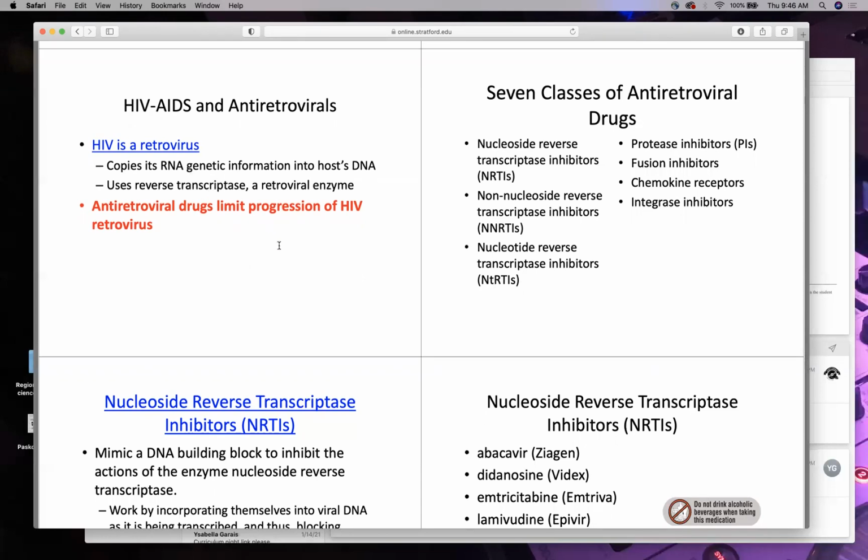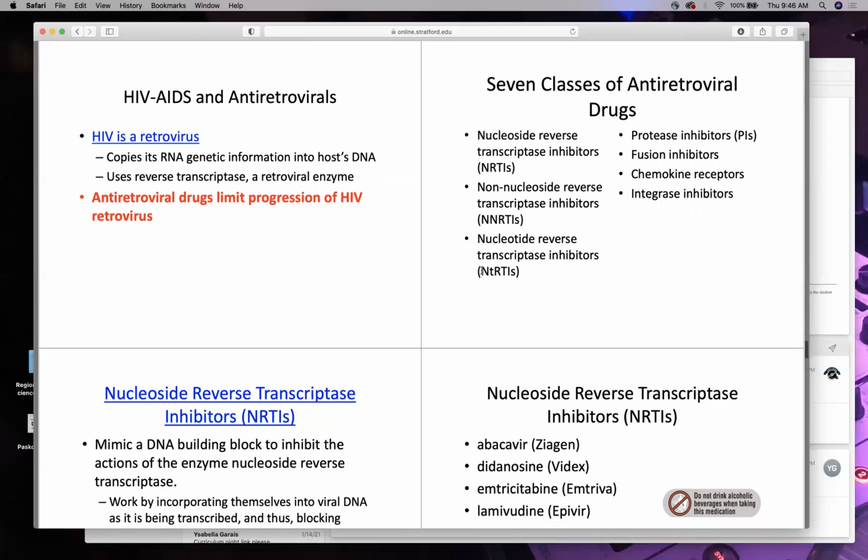Now, it's not going to kill the virus, but what's it going to do? It's going to stop the message for the virus to multiply. And that's how Magic Johnson and my cousins and my nephew can live so long and live a very, very fruitful life. And do you see it's all inhibitors?